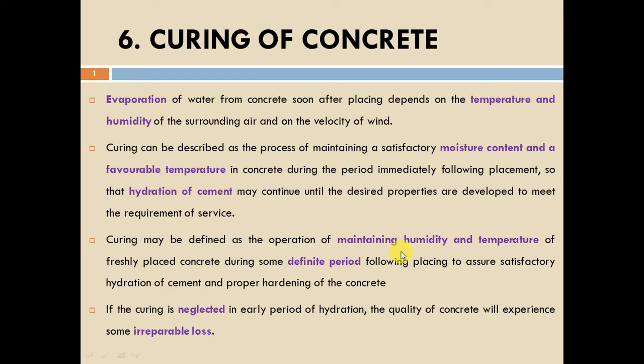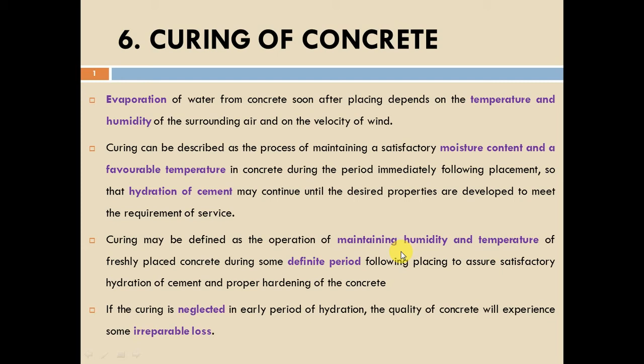So what do you mean by curing? Curing is maintaining a satisfactory moisture content and a favorable temperature in the concrete. It is a process of maintaining a satisfactory moisture content and a certain temperature in the concrete surface, immediately after the placing.